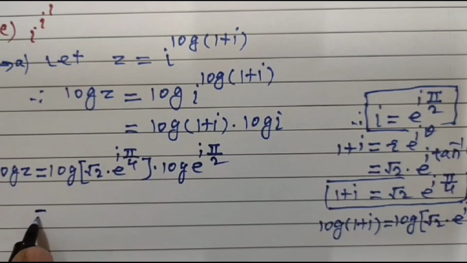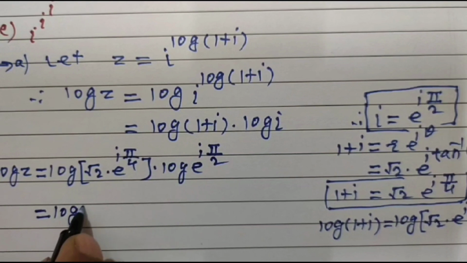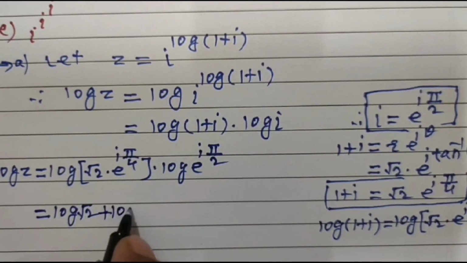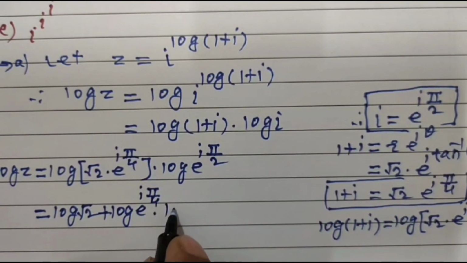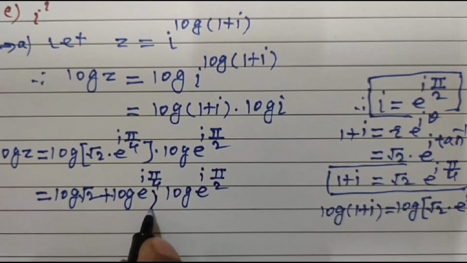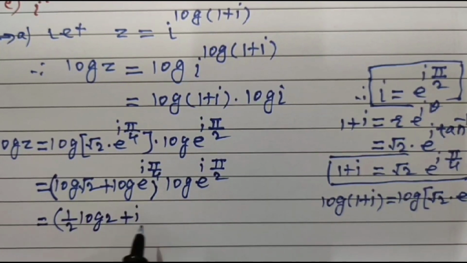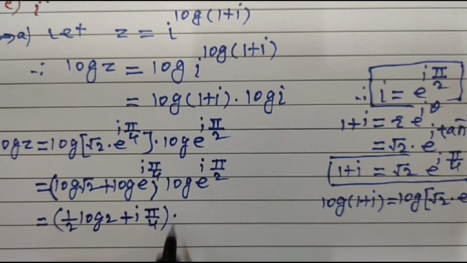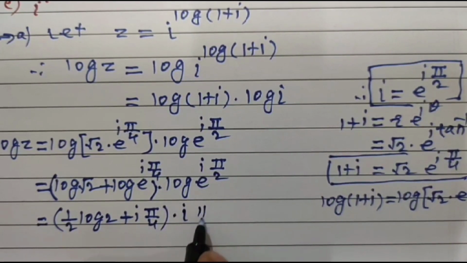So this is equal to, using logarithm of m into n, logarithm of root 2 plus logarithm of e to the power i pi by 4, into logarithm of e to the power i pi by 2. Okay, so we can put this in brackets, and then this is equal to, the first bracket becomes 1 upon 2 log 2 plus i into pi by 4, into logarithm of e to the power i pi by 2, that is i into pi by 2.